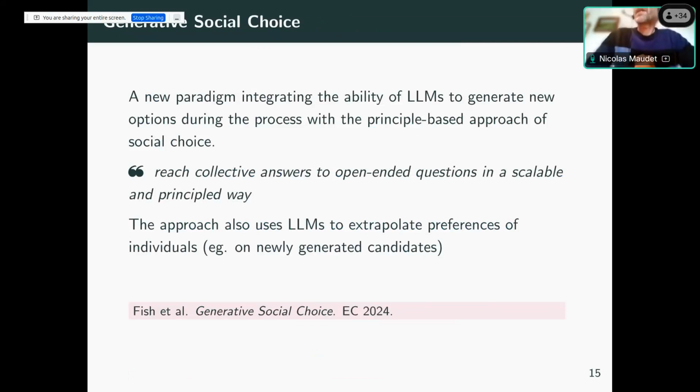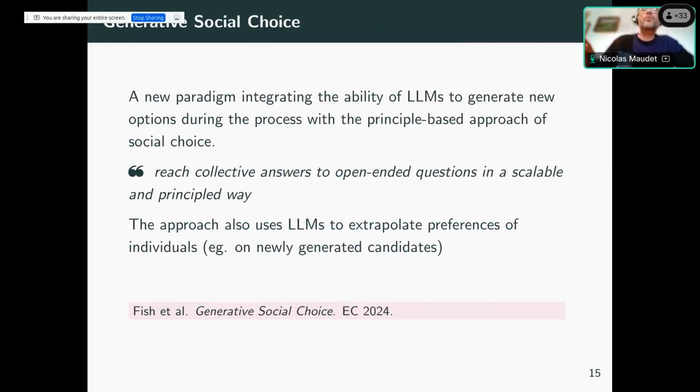And finally, I also wanted to emphasize the generative social choice paradigm, which appeared recently and which is a way to integrate the ability of large language models to generate new options during the process with the principle-based approach of social choice.